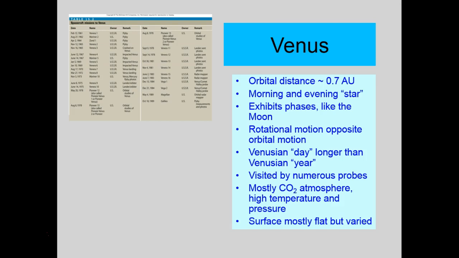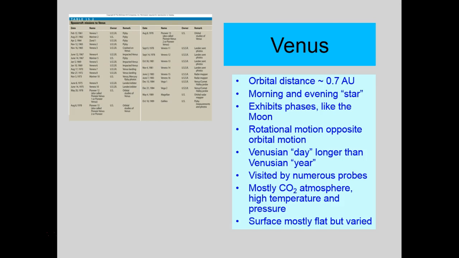The owner of these probes, if you'll notice, is mostly, anyone even recognize what that is? US is us, okay? Literally. The USSR is Russia, the Union of Soviet Socialist Republics, which we call Russia, but it was just one of the republics. That was the USSR, okay?